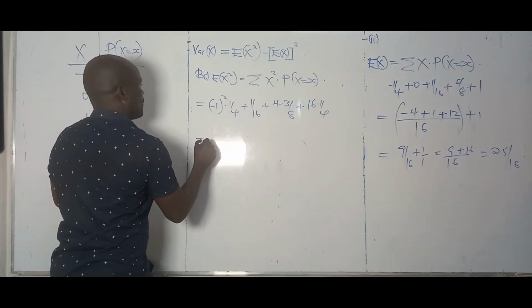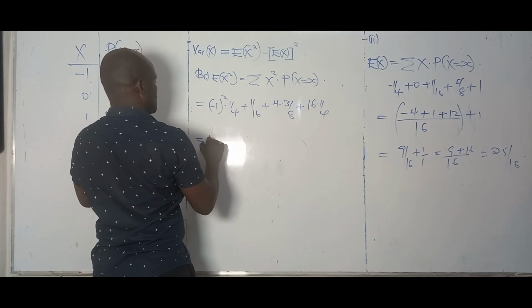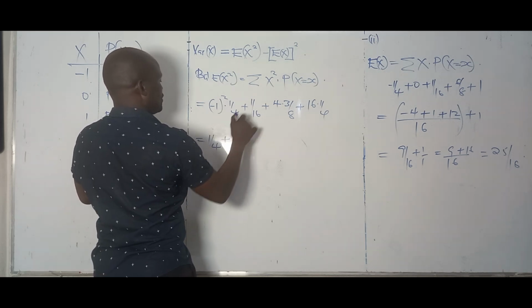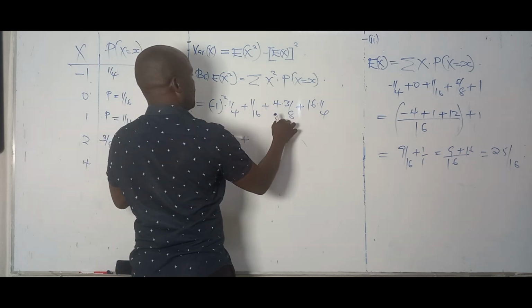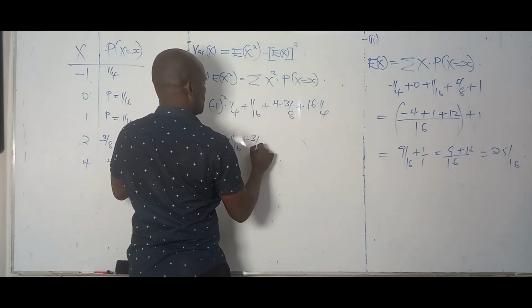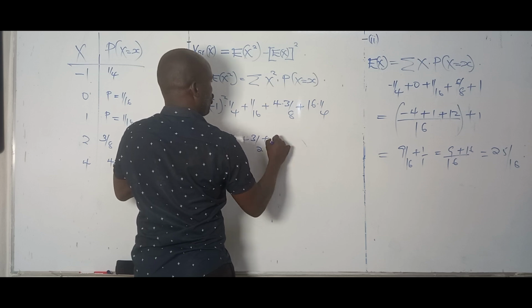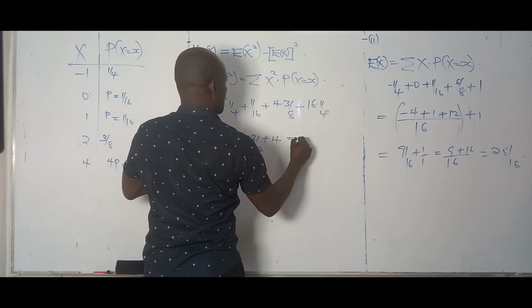This gives me a quarter plus 1 over 16 plus 3 over 2 plus 4.